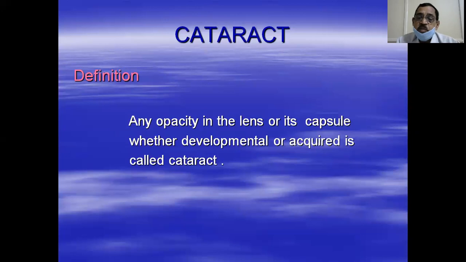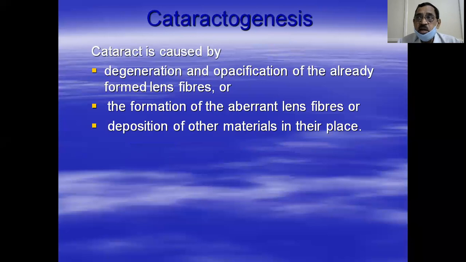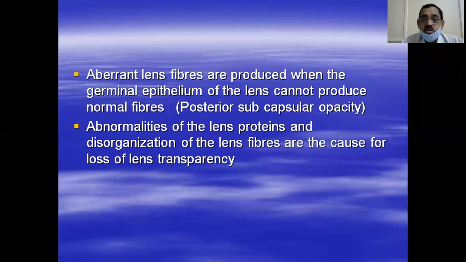So cataract is defined as any opacity in the lens or its capsule, whether developmental or acquired. Cataractogenesis is the way the cataract forms. A cataract is caused by degeneration and opacification of the already formed lens, the formation of aberrant lens fibers, which occurs in posterior subcapsular opacities, and deposition of other materials in their place, such as copper, iron, and so on.